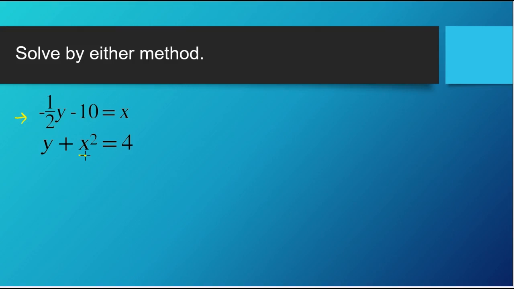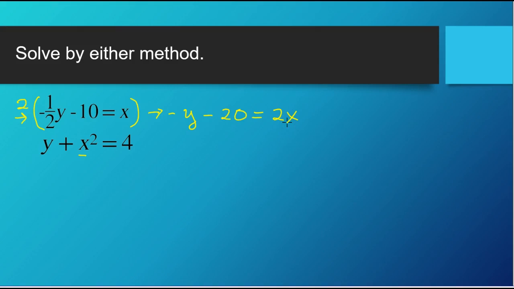But it would be so much easier to take this first equation and multiply it through by 2. Because that's the reciprocal, but it would still leave the y being negative. So 2 times -1/2 is -1y, and then 2 times -10 is -20, and 2 times x is 2x.